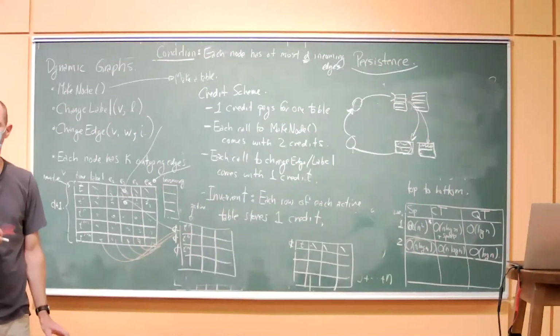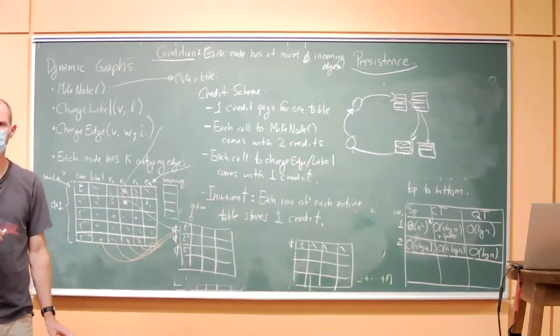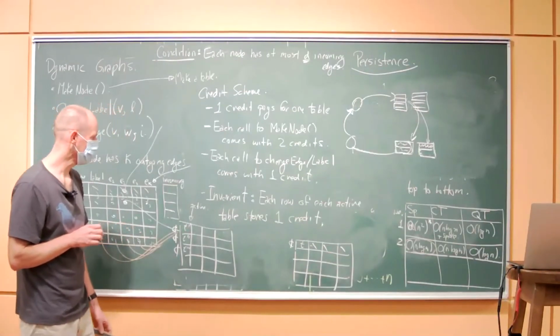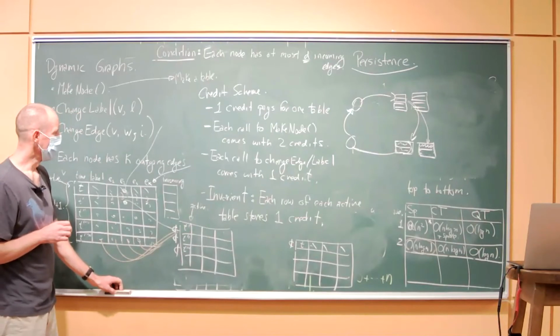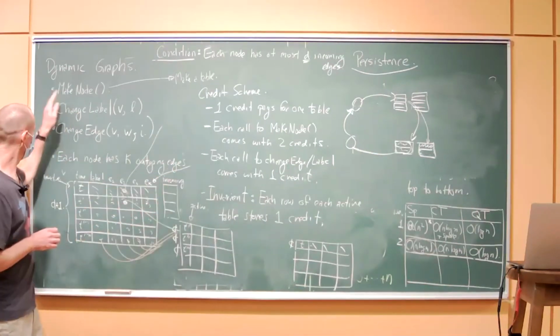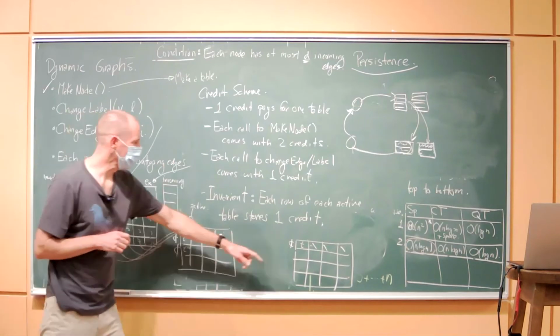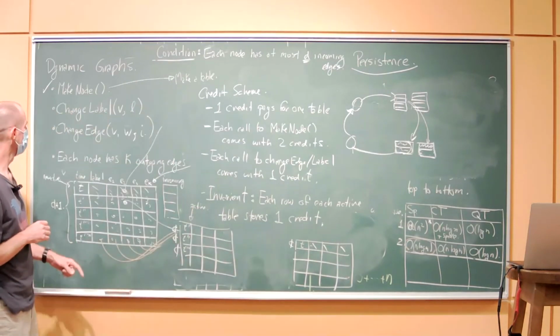Good? I'm not trying to trick you. This is all above board. All right, so that we can deal with make node, no problem. And the table that got created, we paid for.